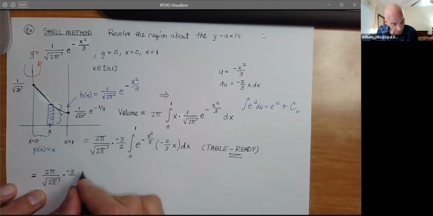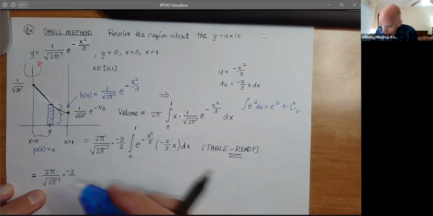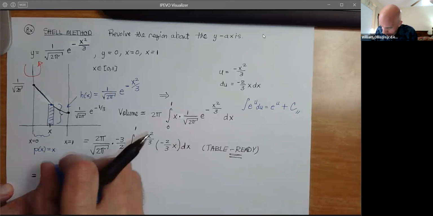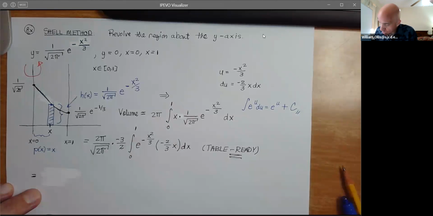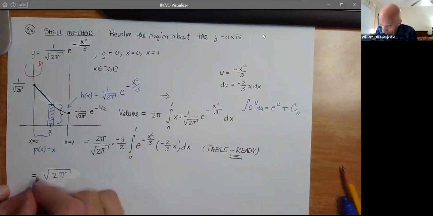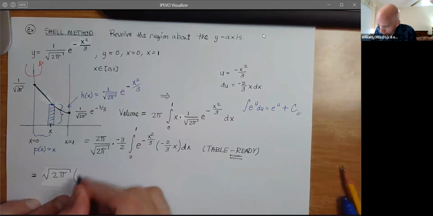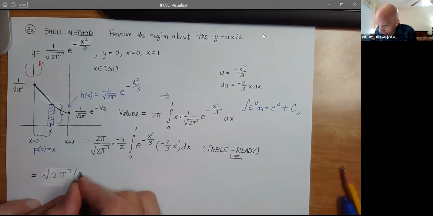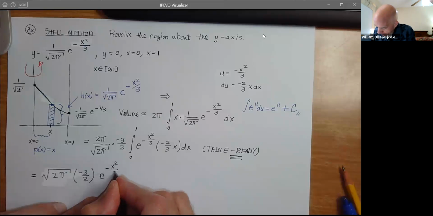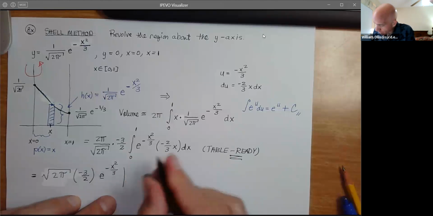Let me just reduce this. I thought I would cut out the steps. But this will just give us the square root of 2 pi. Just here, a divided by a to the 1/2, negative 3/2. And now, of course, we'll use this. So this is e to the u, and evaluated from 0 to 1.